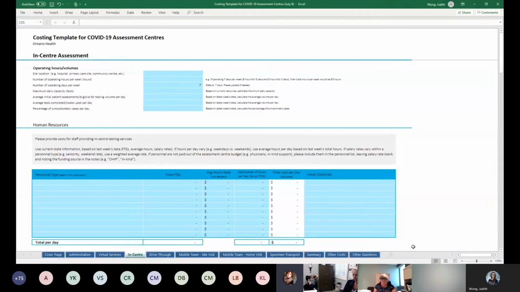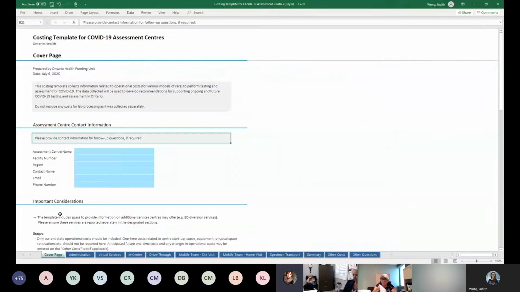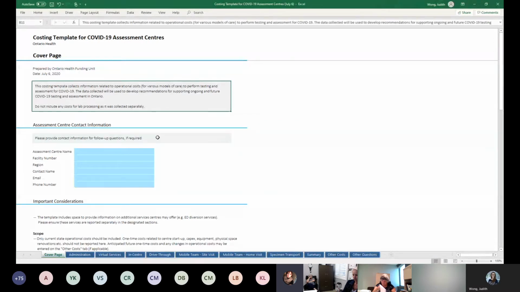As Vicky pointed out at the very beginning, this information is collected for us to be able to understand the cost variation and cost drivers among different types of providers or models of care. And we will be analyzing that and putting it forward as inputs into more strategic questions. Vicky, do you want to add to that?